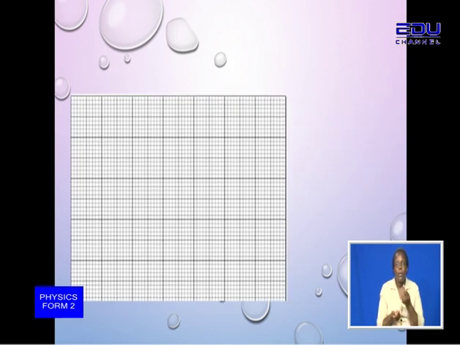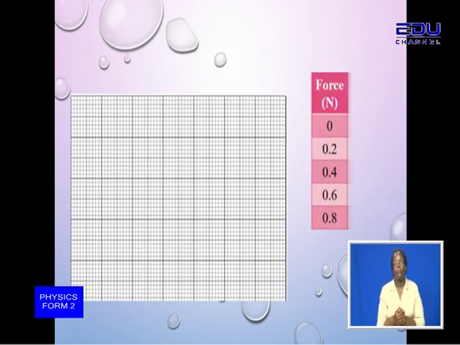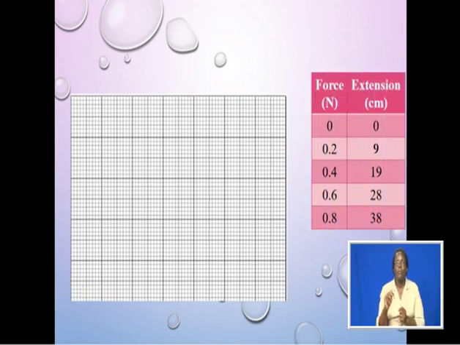So we have our graph paper, and we will need to change the masses into force, so that when the mass is 0, of course the force is 0, and then when the mass is 0.02, the force is 0.2, and we continue doing this until we get the readings for the force in newtons.